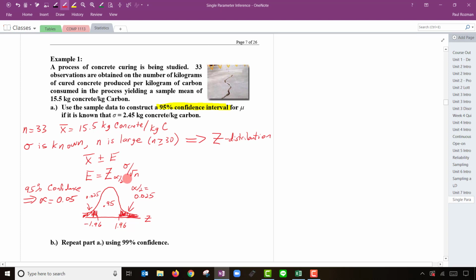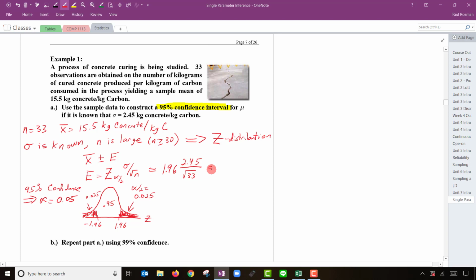And now we can just calculate our error. Our error formula is that z-score, 1.96. You could use plus or minus, because when you're calculating error, it's plus or minus anyway. Standard deviation was given to us as 2.45, and our n was 33.